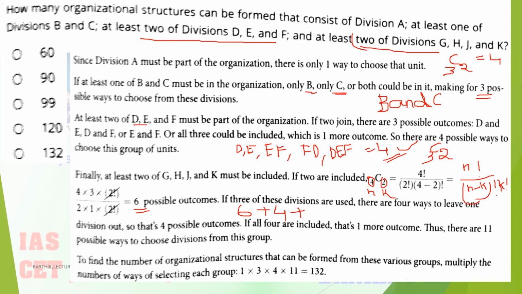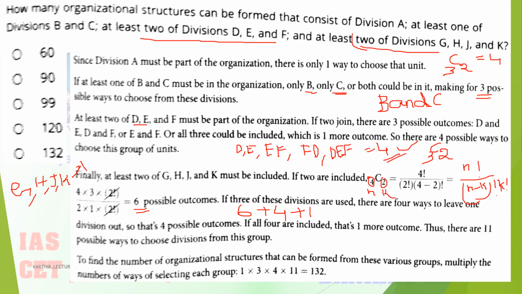So that 4 combination is possible. Along with that, GHJK, that one is also possible. So combining all 4 together, GHJK, that is also one combination, that is 1.